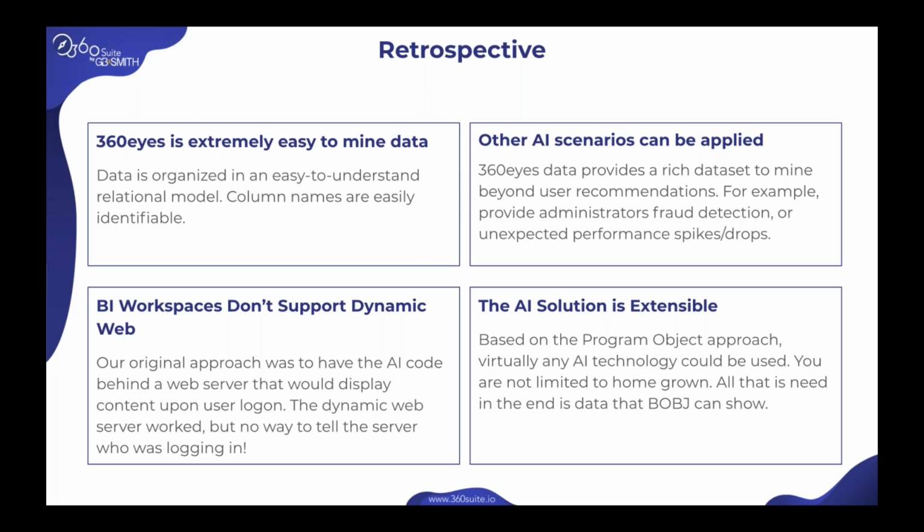All of that data that's being captured by 360i can be leveraged to provide administrators, when they're logging in or by way of email alerts, with detection of things that would otherwise go unnoticed. By fraud detection, I just mean if someone's trying to hack into your system, right? But with any of those things, the sky's the limit as far as leveraging that data. We often say within our team that 360i is kind of like the untapped resource.